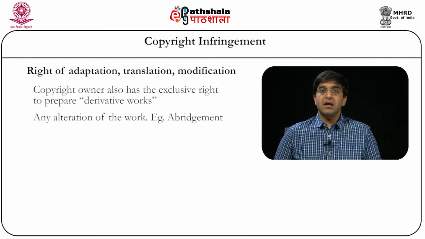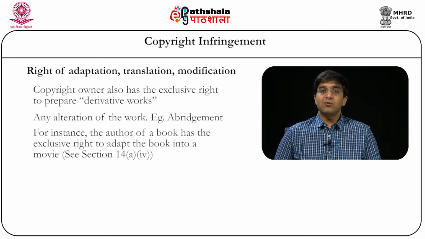Secondly, for instance, the author of a book has the exclusive right to adapt the book into a movie. You might be aware of the Harry Potter series of books. As you now know, most of these books have been converted into movies, and each time a person makes a movie out of these books, then in that case he has to go back to the author of the book, that is J.K. Rowling, and seek her permission to make a movie out of the book.